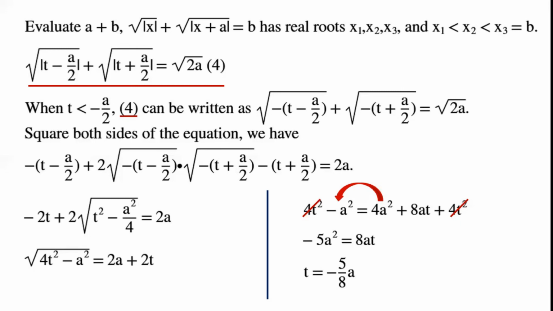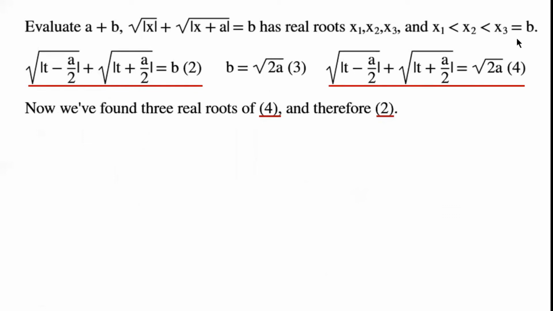By rearranging the equation, we can now write t equals minus 5/8a. As the left-hand side of equation 4 is an even function, t equals 5/8a is also a solution of the equation.